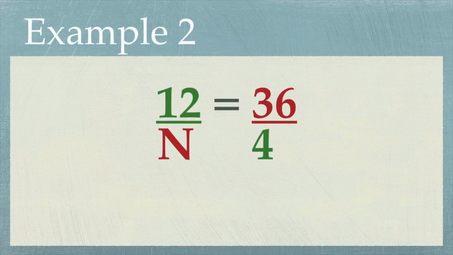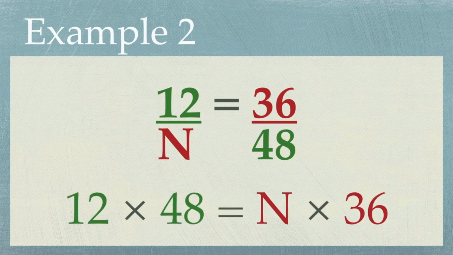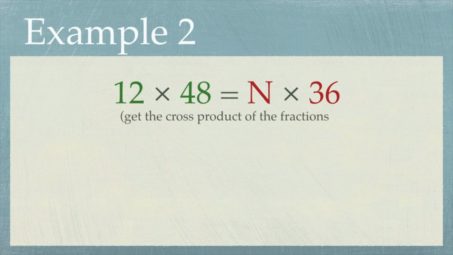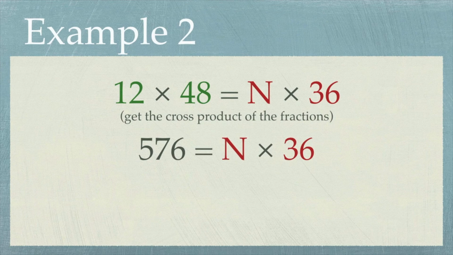And then we will cross multiply. So 12 times 48 equals n times 36. Let us solve. 12 times 48 equals 576. And then equals n times 36.